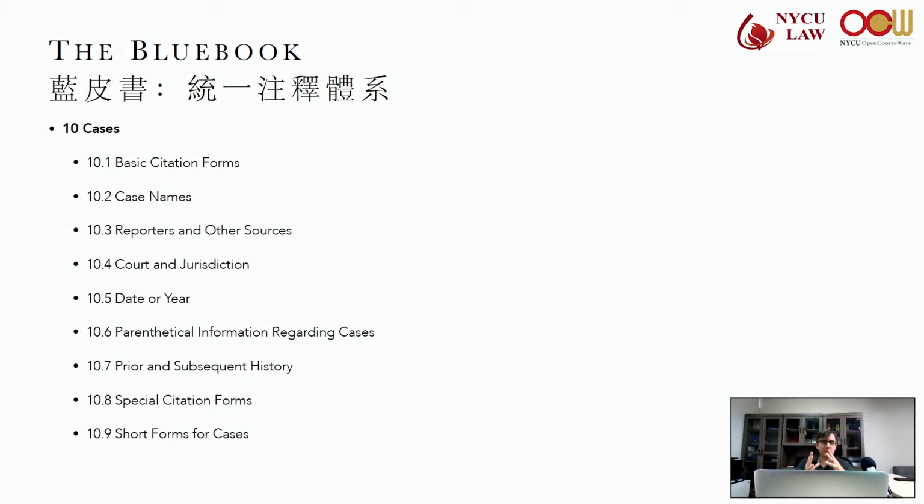So cases superseded by statute or constitutional amendment. This is Roman 3. So when you cite cases where a statute or amendment was enacted with the intent of reversing the outcome of an initial case, you always need to cite that statute or amendment.